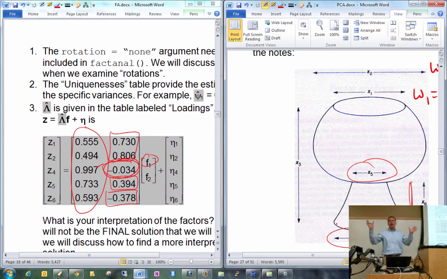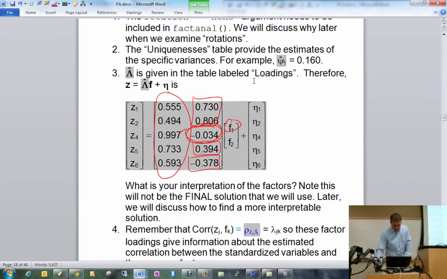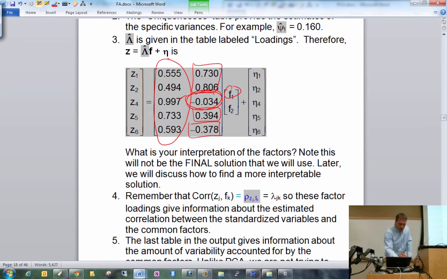This will not always happen, but the factor analysis has given us somewhat similar results to the principal component analysis. But let me warn you, though.